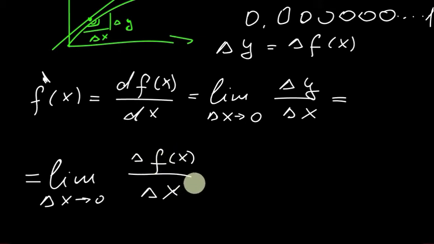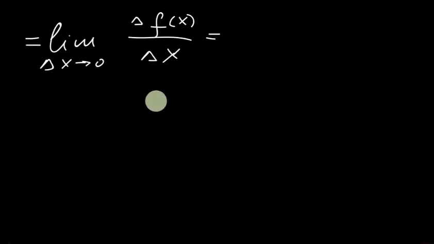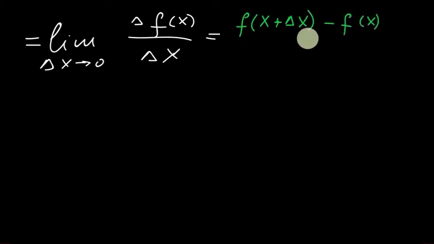Now we can write what delta f of x is. Delta f of x is f of x plus delta x minus f of x, divided by delta x. So here's what we say.